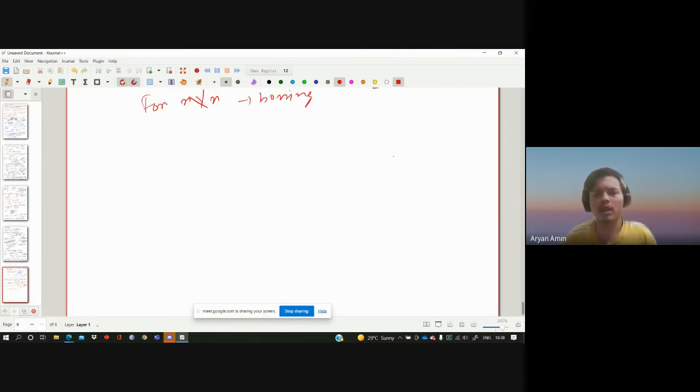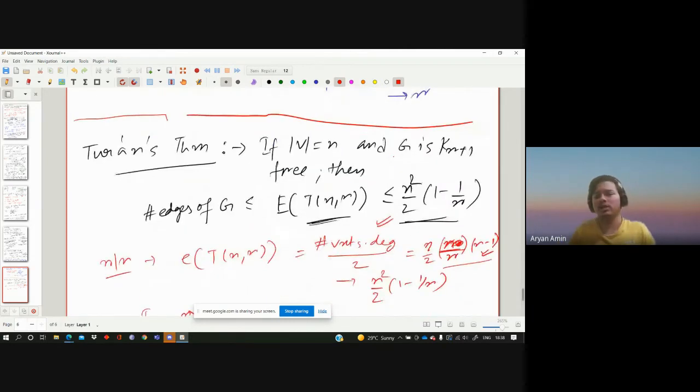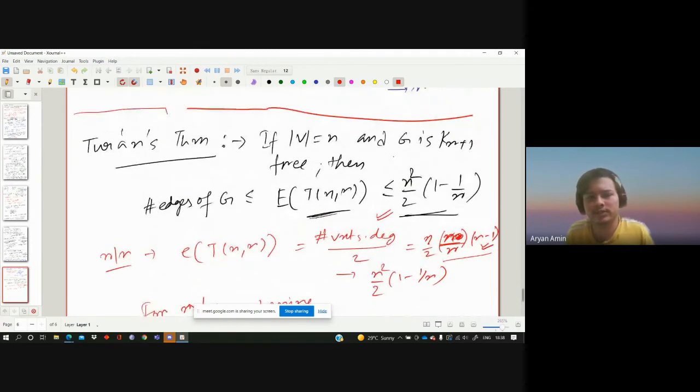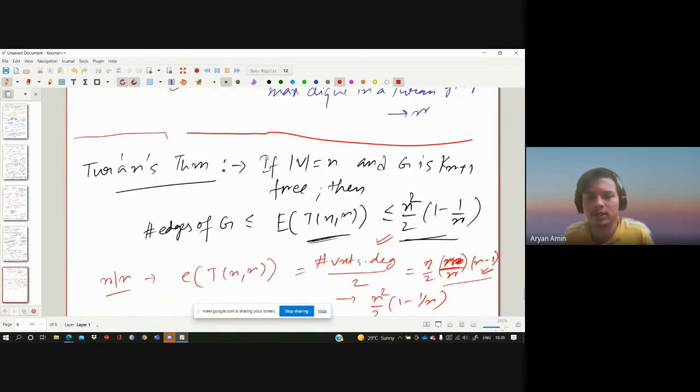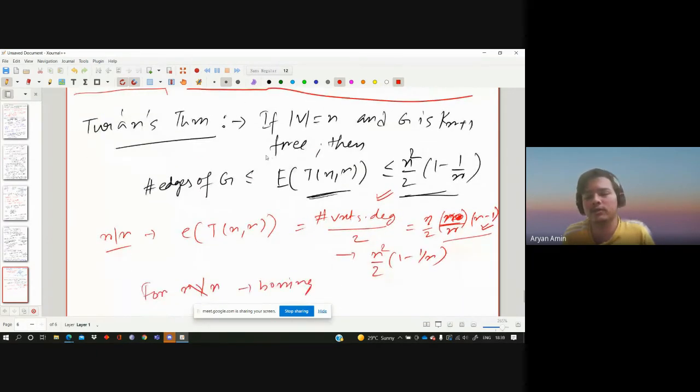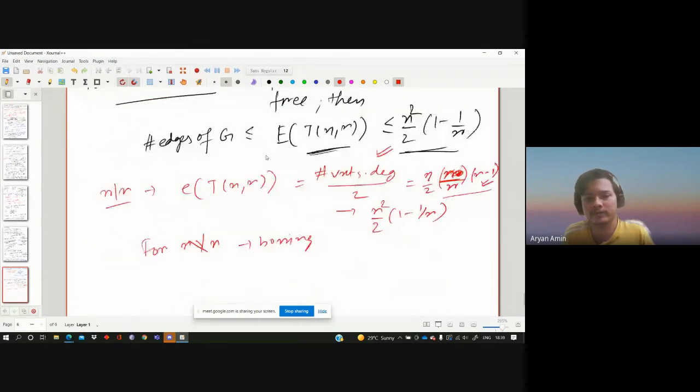So I'll actually present three proofs for Turan's theorem. Each one will have a different underlying idea. If anyone has any questions up to this point, please feel free to ask.